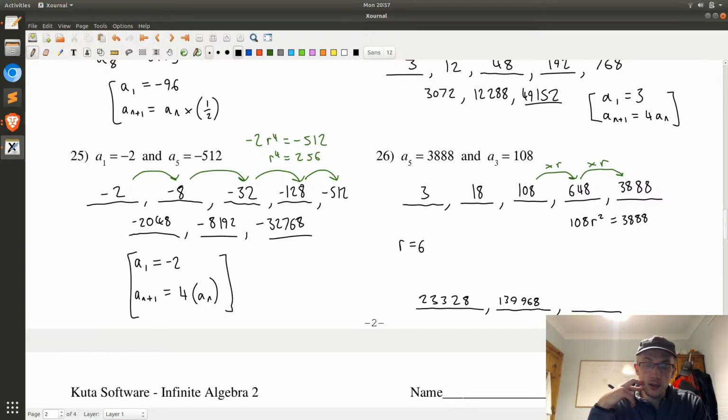So 840,000 take away 196, that would be 839,804, something like that. Now for the recurrence relation, or the recursive formula, however you want to term it, a1 is simply 3, and to get the next term in the sequence, you do the prior term multiplied by 6, just there like that.